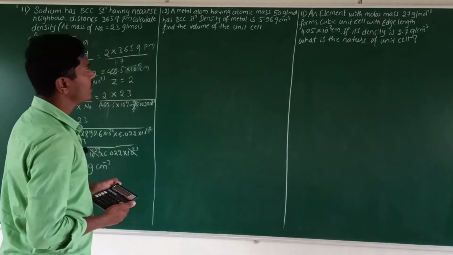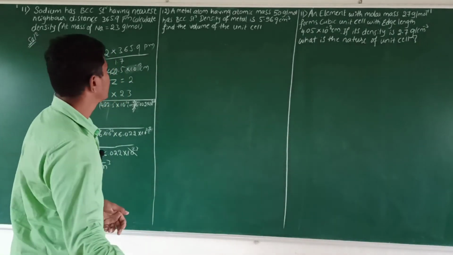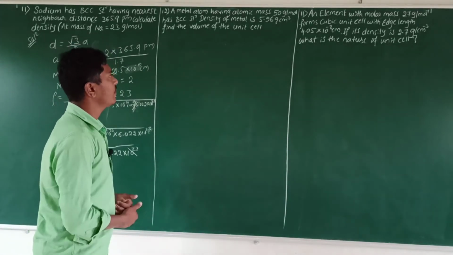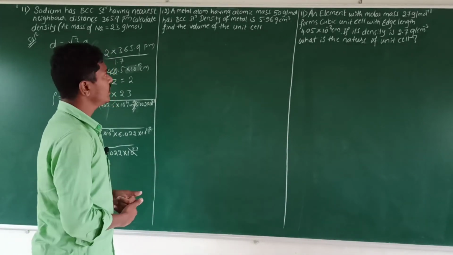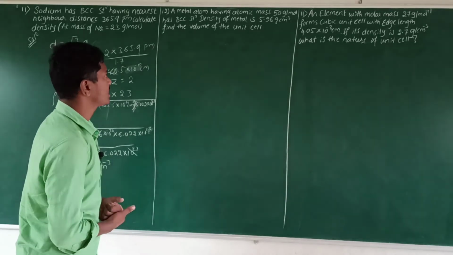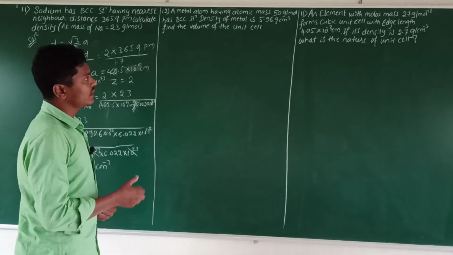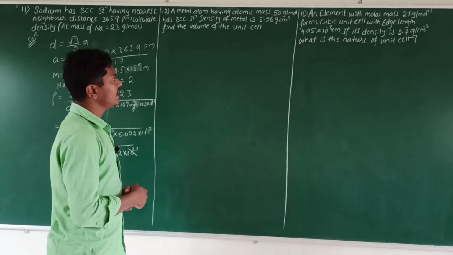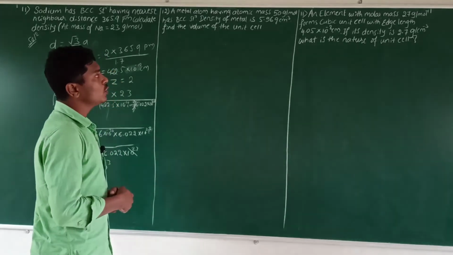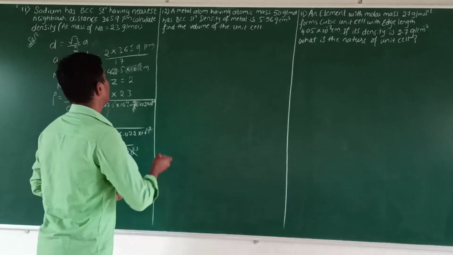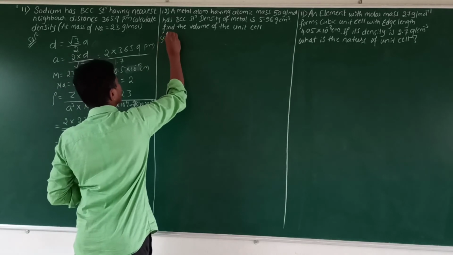Next problem: a metal atom having an atomic mass 50 gram per mole has a BCC structure. Density of the metal is 5.96 gram per centimeter cube. Find the volume of the unit cell. It's very simple, they are confusing the things.